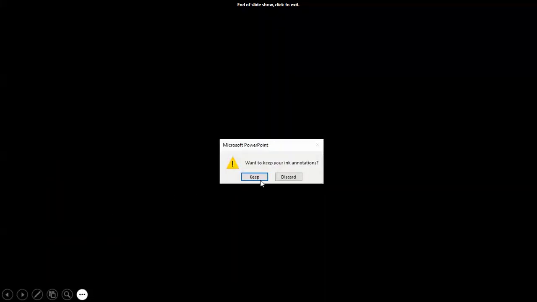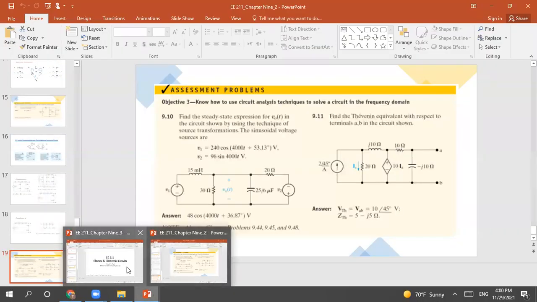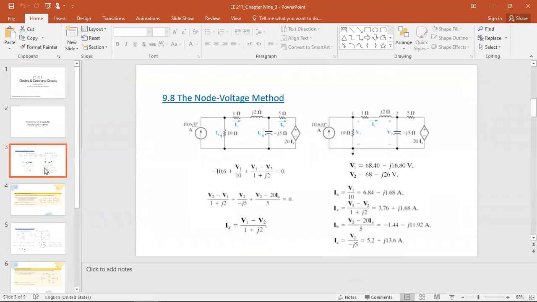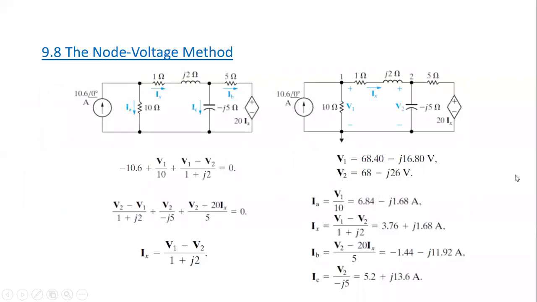Okay, so let me switch to the next presentation. So in the previous presentation, we discussed the source transformation, Thevenin equivalent, Norton equivalent, using impedances, using frequency domain circuits, or circuits given in frequency domain where we have inductances and capacitances.